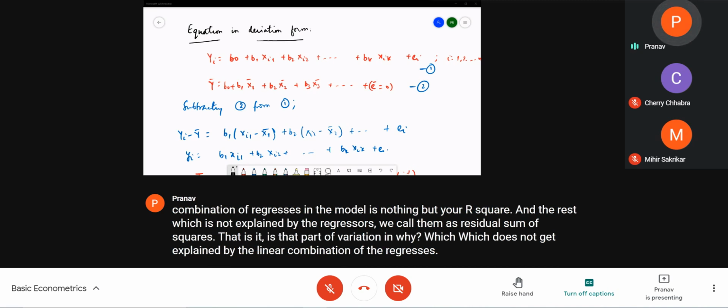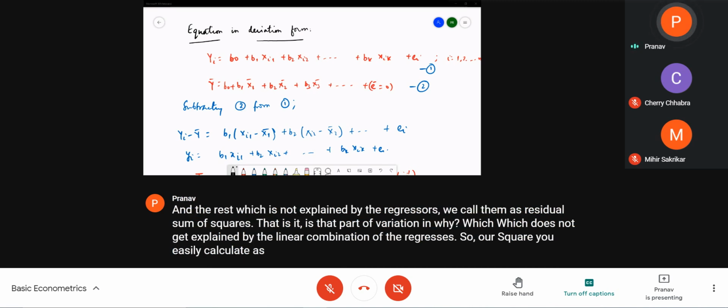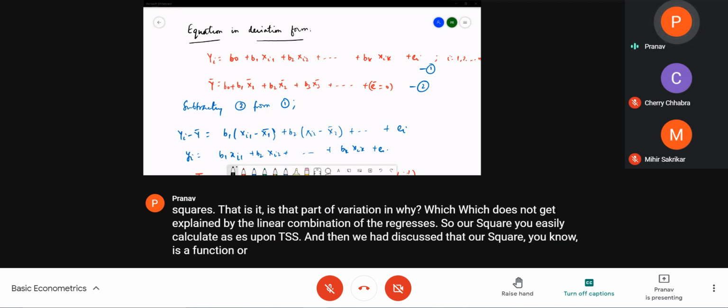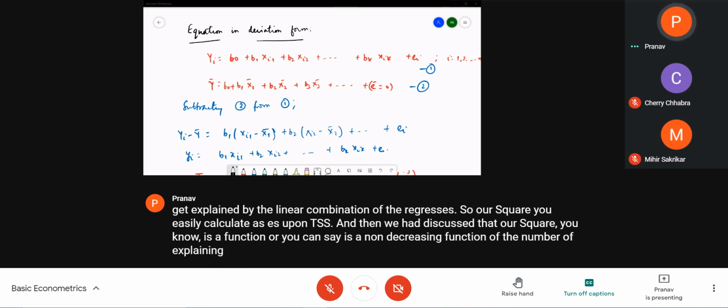So your R square you can easily calculate as ESS upon TSS, and then we had discussed that R square is a non-decreasing function of the number of explanatory variables in the model.